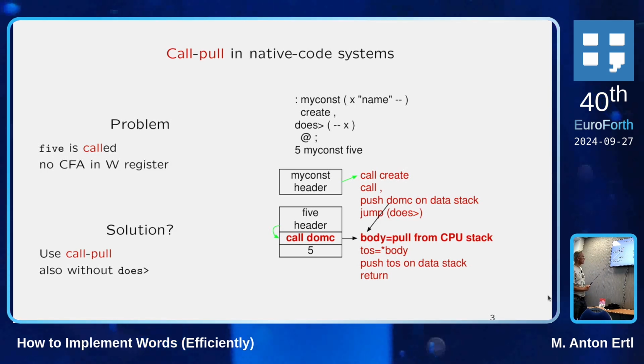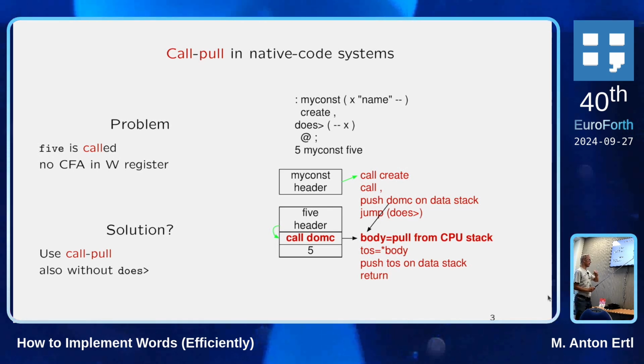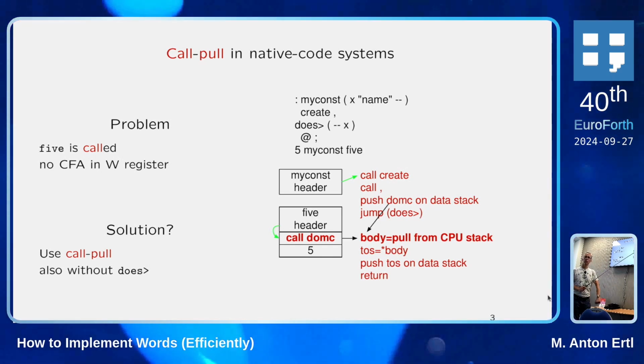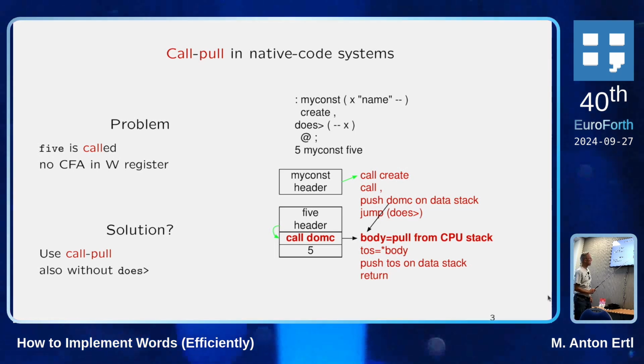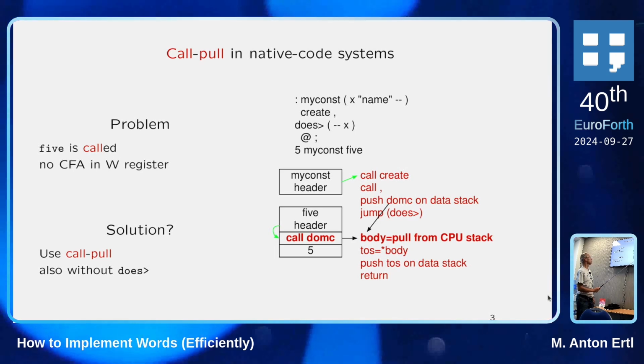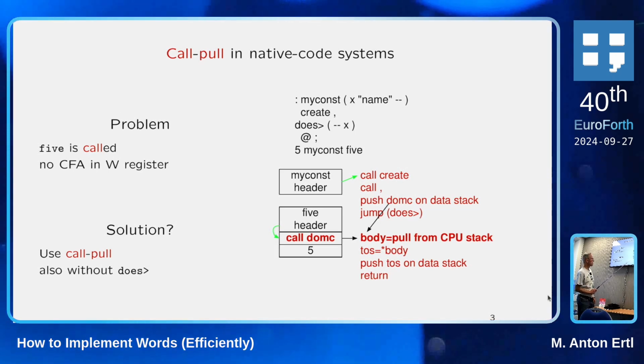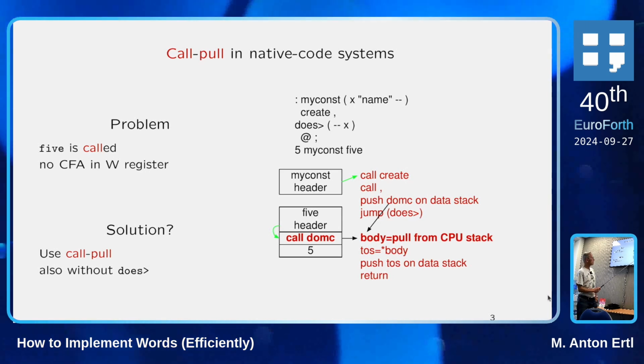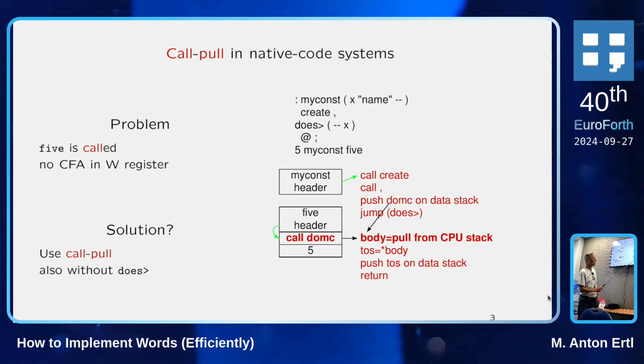We still need this body address, and we need this code address. So we use this call pull technique again. We call here, and this call calls this piece of do myconst, which I abbreviate with do MC here, and to get the body, we pull it back from the CPU stack. And then we do the rest.